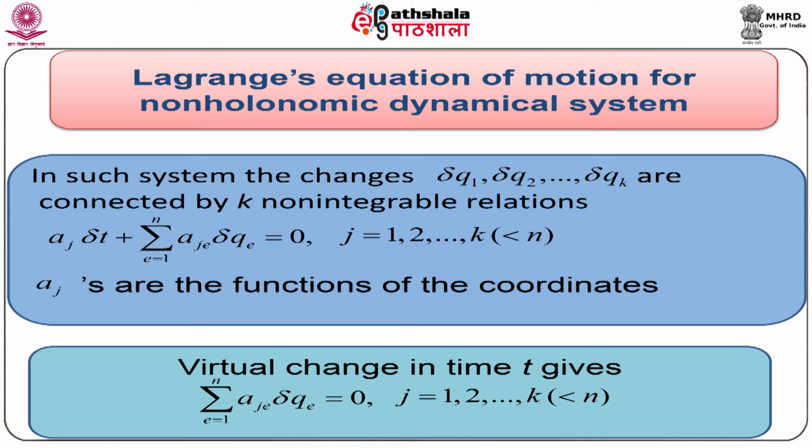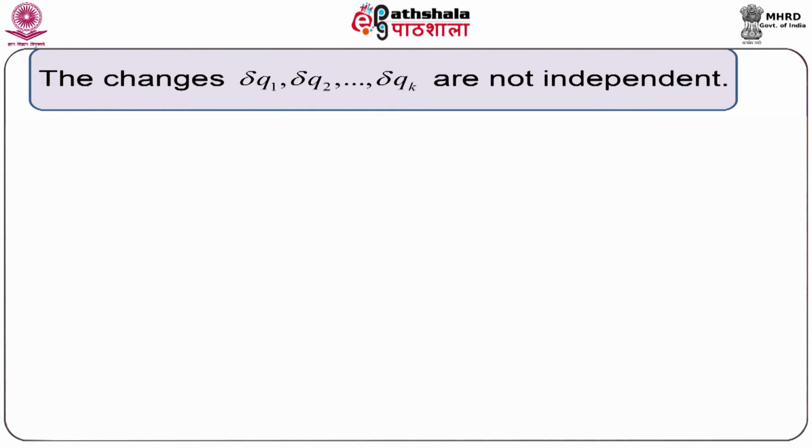From this equation we get this relation. This is valid for j equal to 1, 2 and so on up to k. k must be less than n. The changes delta q1, delta q2 up to delta qn are not independent, as they are connected by k number of non-integrable relations.